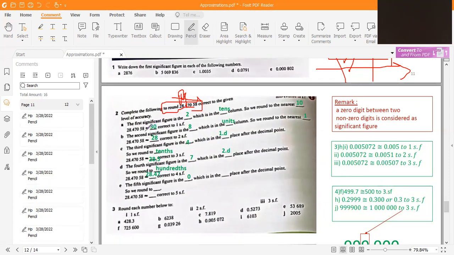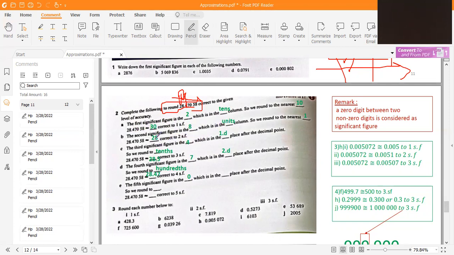So we obtain 30.0000, which means 30. So 28.47058 is rounded to 30, correct to one significant figure.